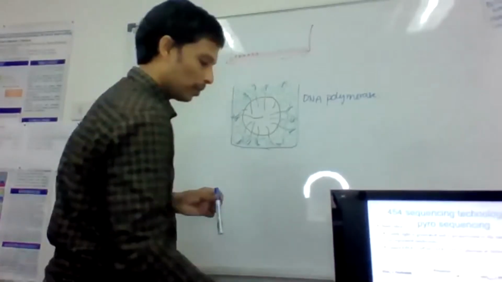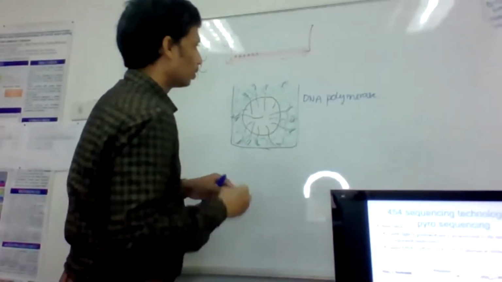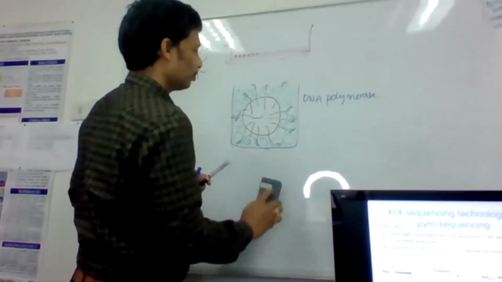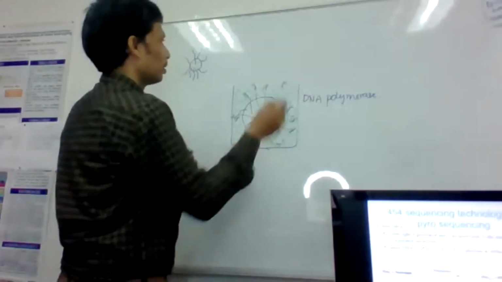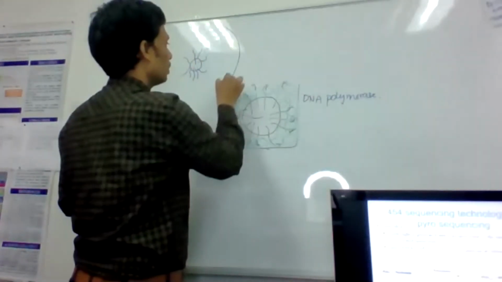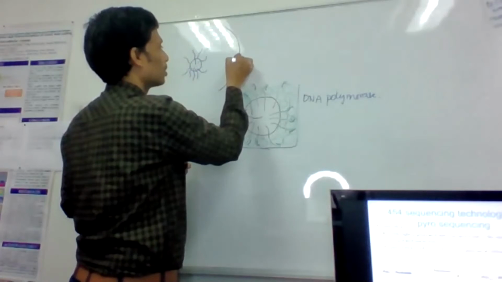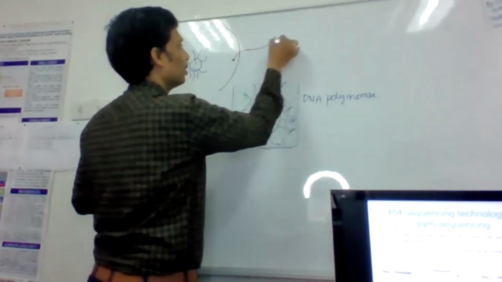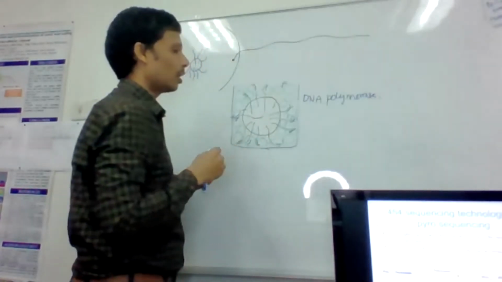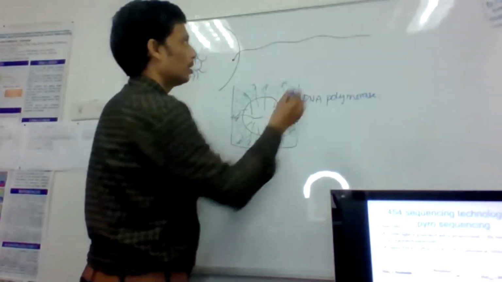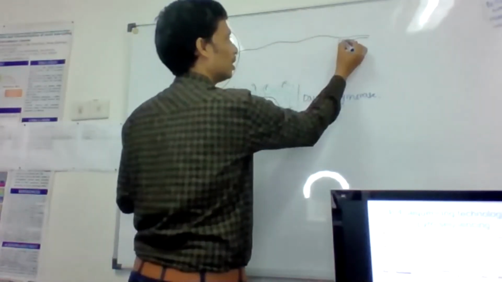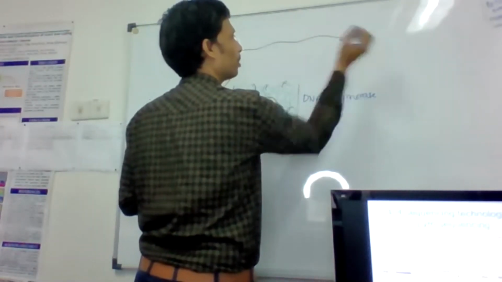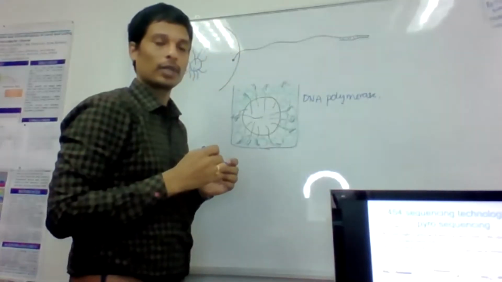What happens here? You will have a DNA. This is the bead, which is immobilized. You will have the DNA sequence, and on the other end you will have the primer complementary attached to that.